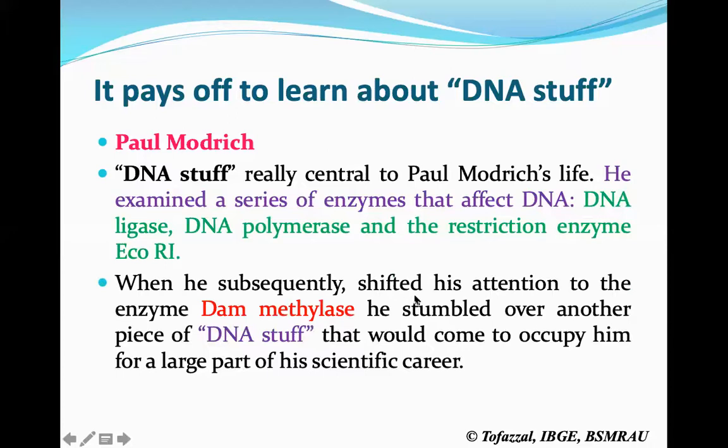When he subsequently shifted his attention to the enzyme methylase, he stumbled over another piece of DNA stuff that would come to occupy him for a large part of his scientific career.